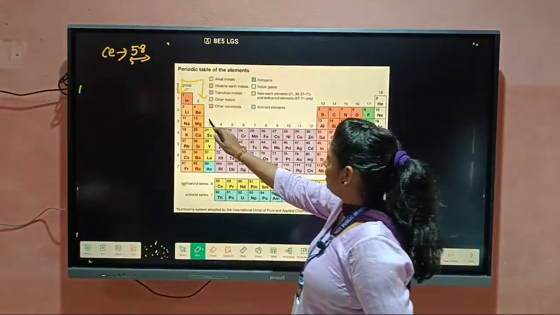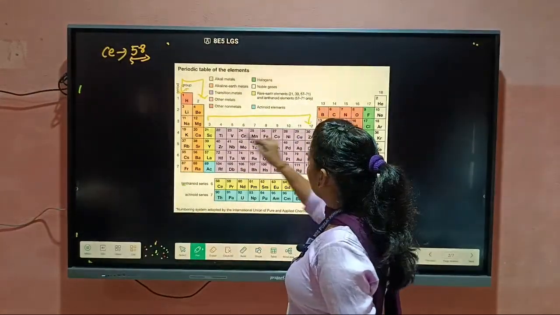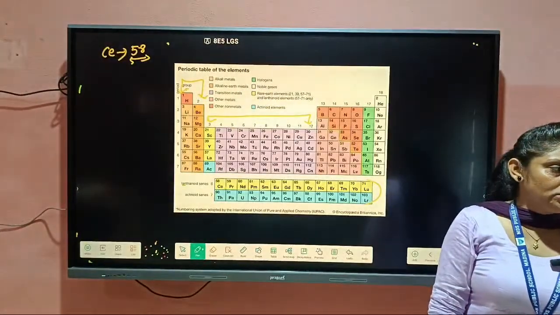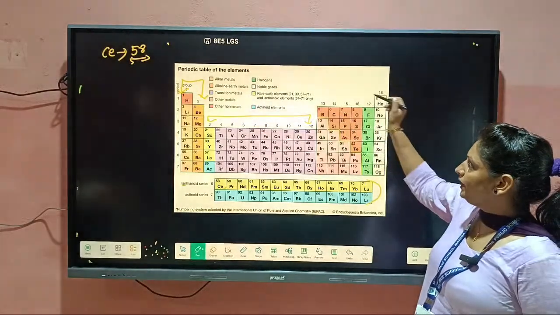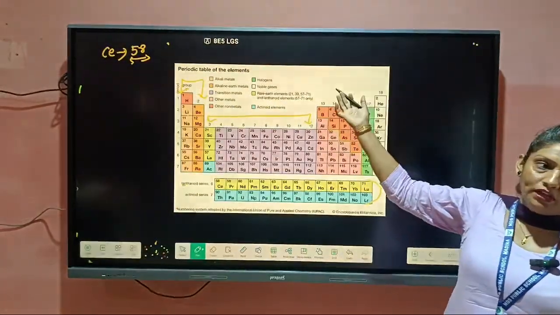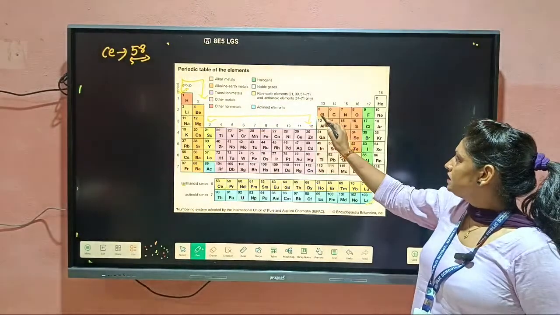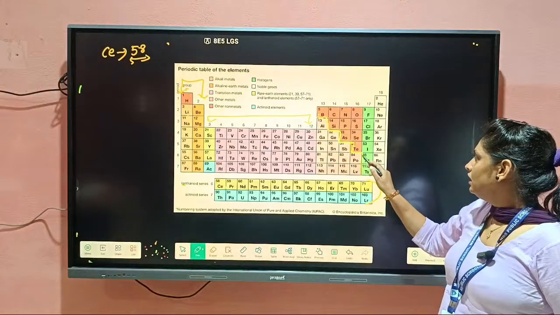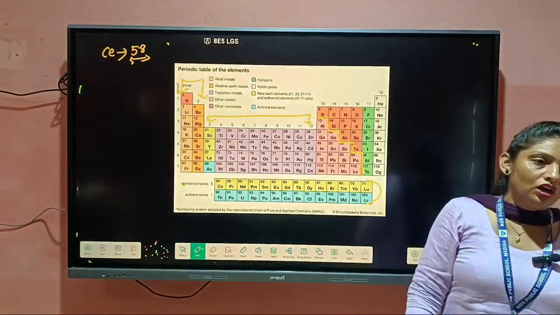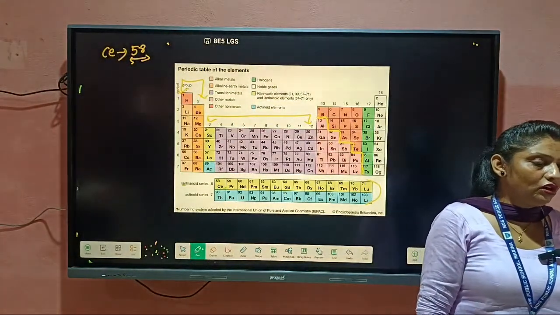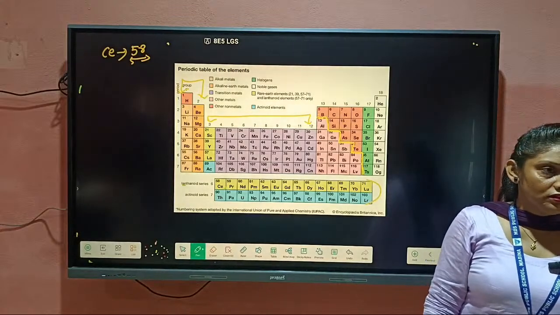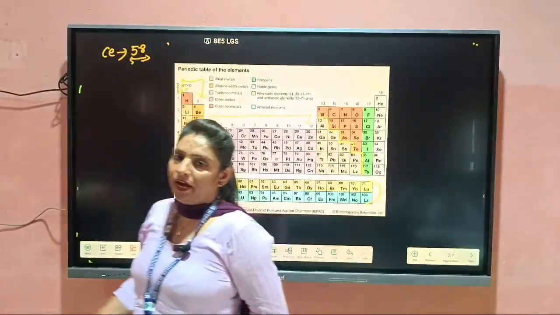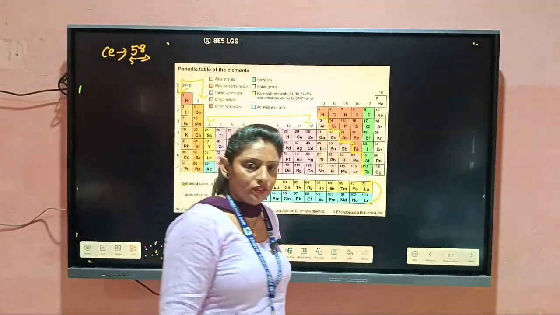Group 3 to 12, meaning D block elements, and F block elements are all metallic in nature. And in P block, some elements are metallic, some are non-metallic, and the elements which exist on the borderline are the metalloids. They are also known as semi-metals. In the next class we will discuss metals, non-metals and metalloids.